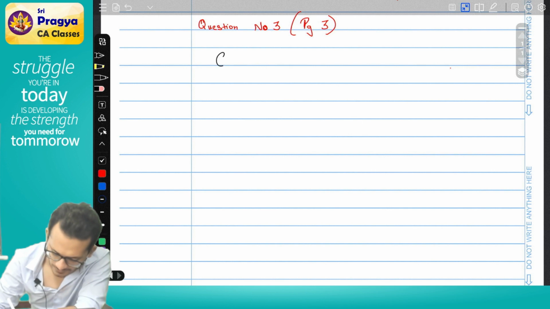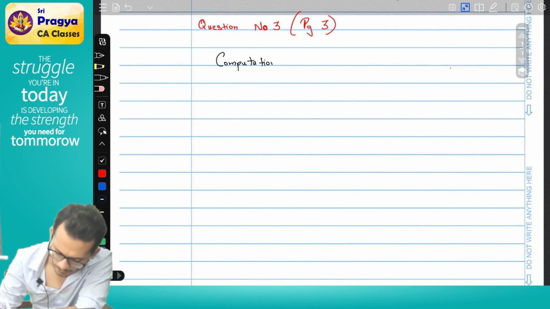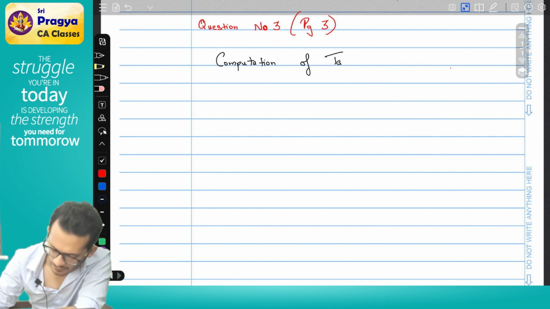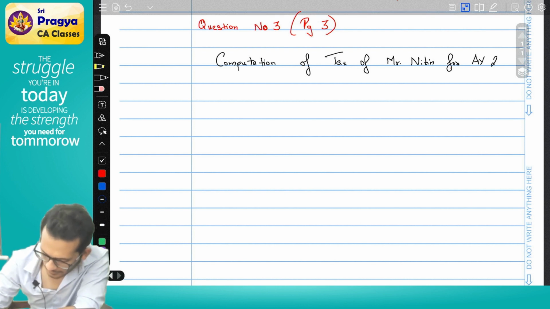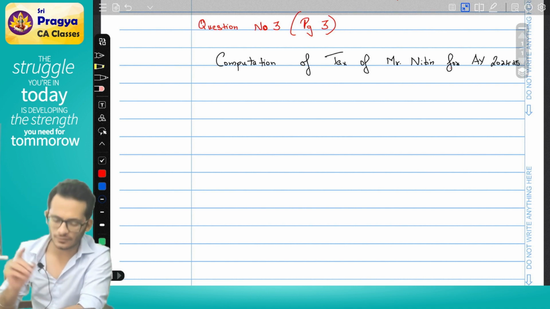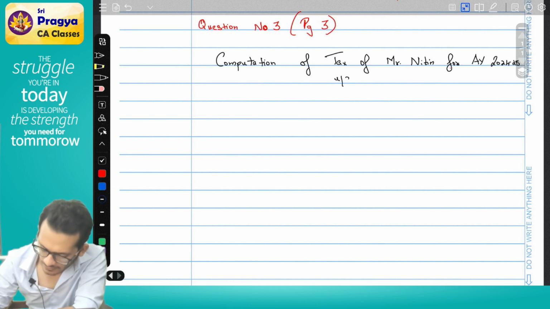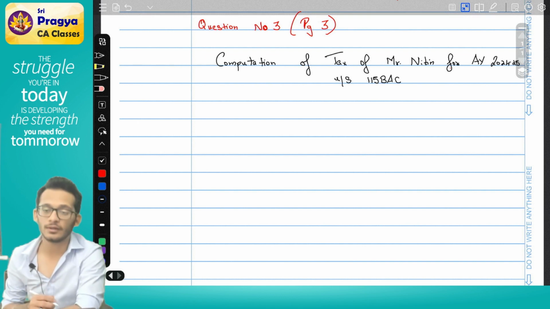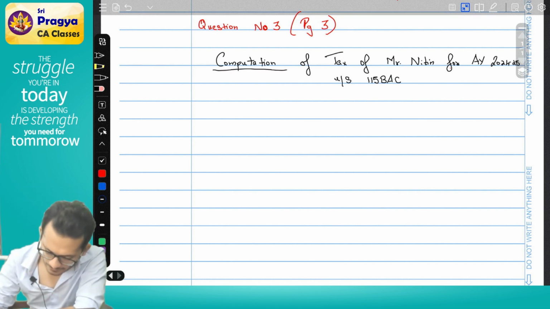Heading will always be called as computation of tax of Mr. Nitin for the assessment year 24-25. Now since they are using the word under section 115 BAC, you also have to clarify under section 115 BAC.